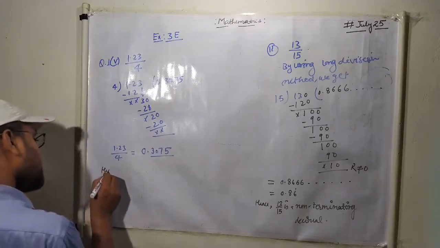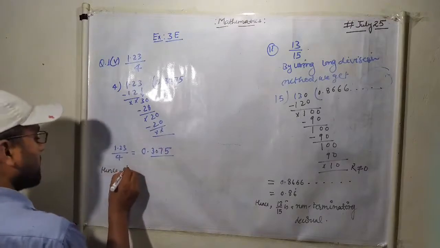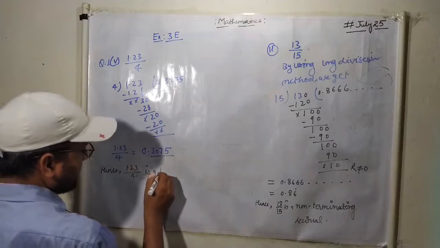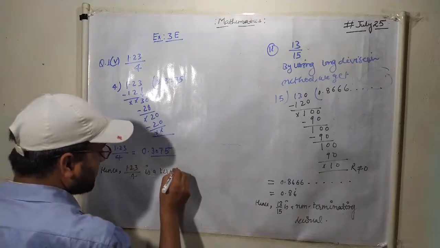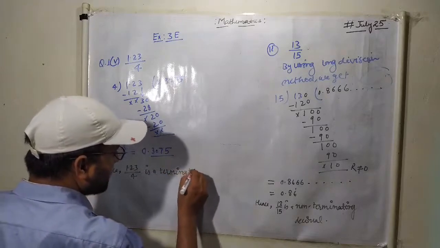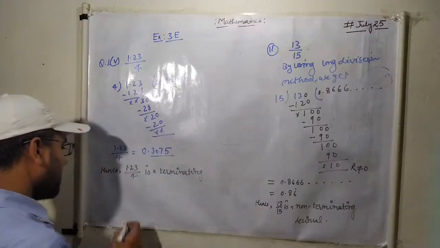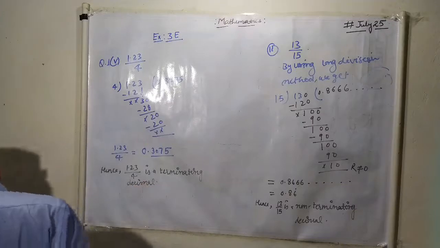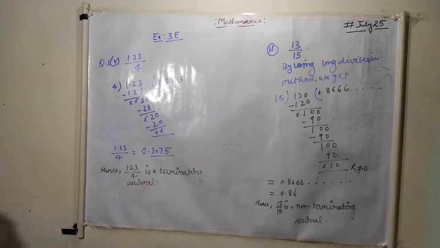Hence 1.23 upon 4 is a terminating decimal. In the same way, you will do question numbers 6, 7 and 8.